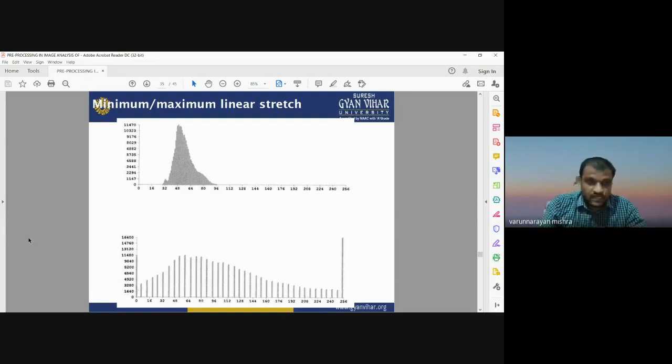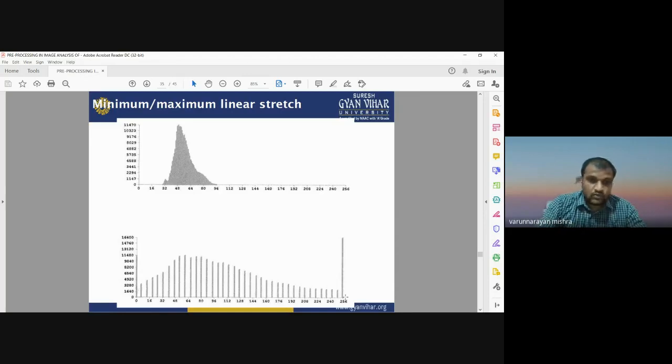So what happens? The image has this kind of radiometric range, and after performing linear stretching, the values 32 to 96 will be expanded throughout the range, from 0 to 255. That is linear stretching.